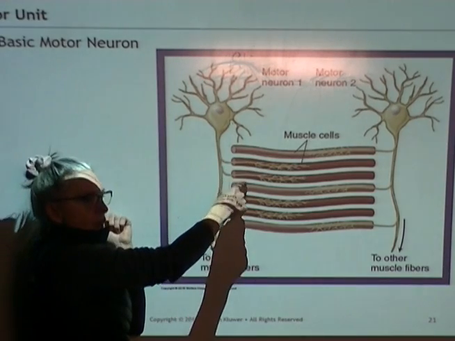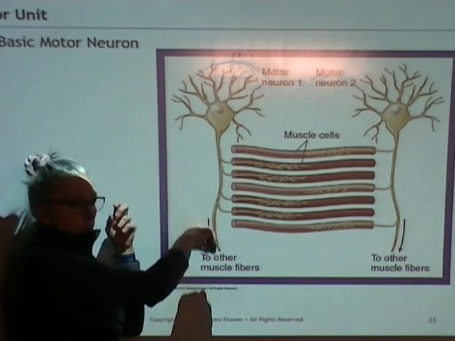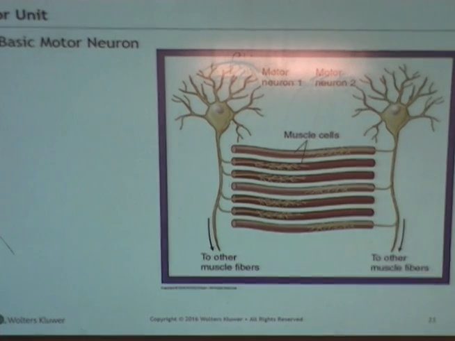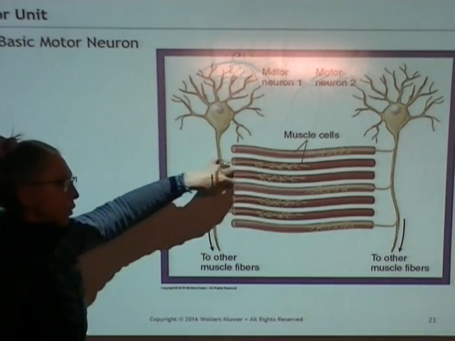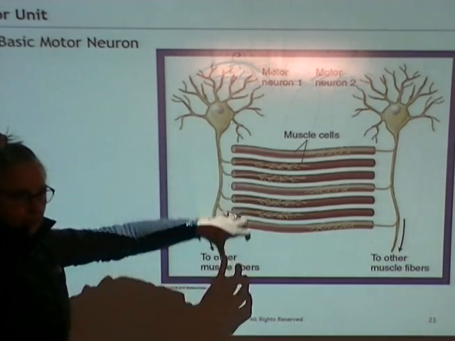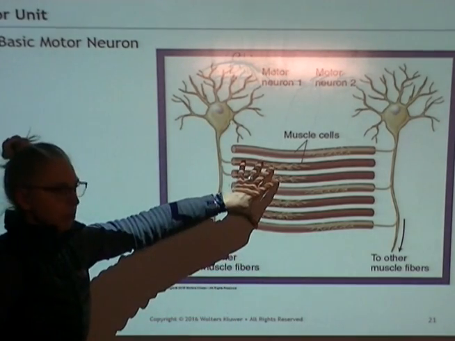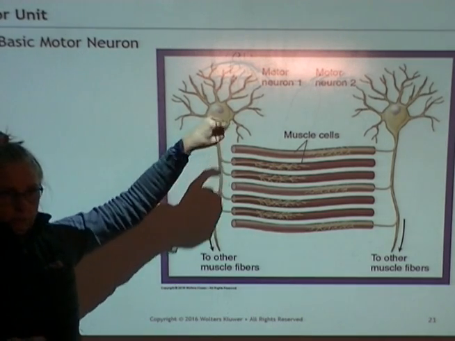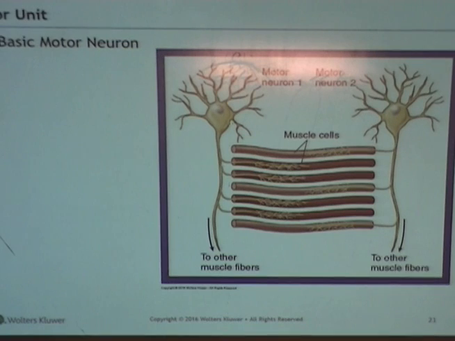Every muscle fiber in the motor unit will contract at full force. So it's one or the other. Either they all contract because there's a signal, or none of them contract because threshold wasn't met. Okay?